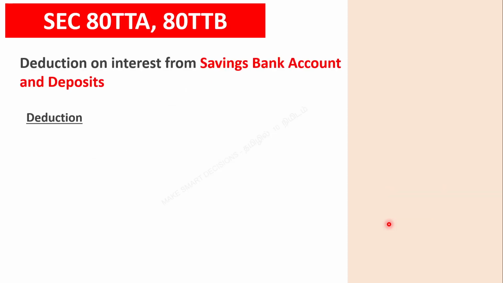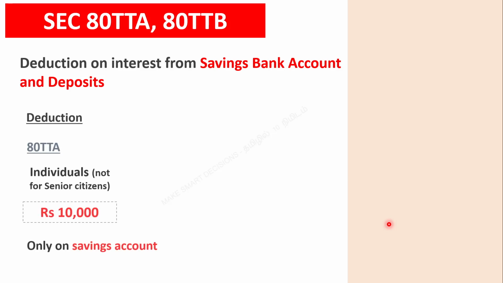Section 80TTA and TTB provides for deduction on the interest that you earn on your savings account. So 80TTA is for non-senior citizens and TTB is for senior citizens. Non-senior citizens can claim up to a deduction of 10,000 rupees for the interest earned. Let's say you keep around 1 lakh in your savings account, and in a year you get around 4% interest.